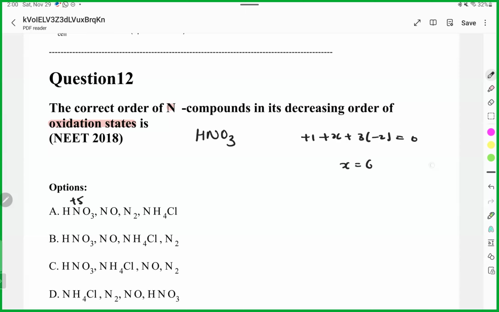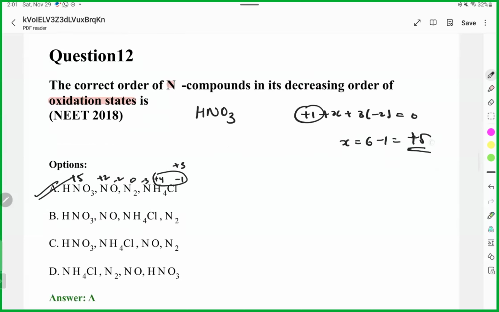This -6 on the other side will become +6 and +1 will become -1. This is +2 because this is -2. This is 0. This chlorine is -1, hydrogen is +4, so net +3, this will be -3. So the answer will be 1. Done.